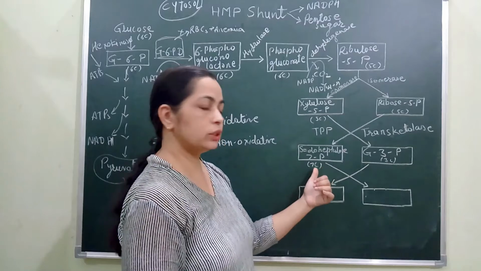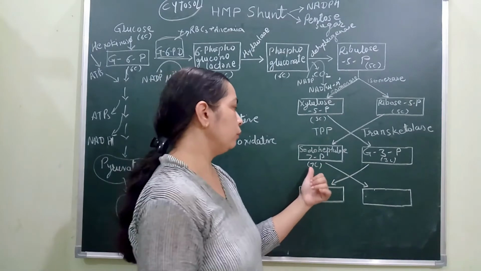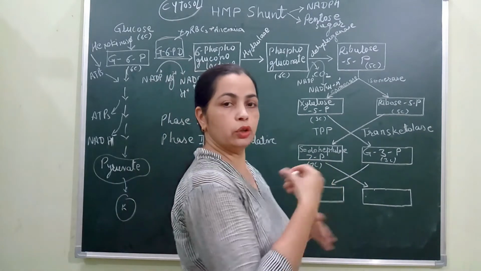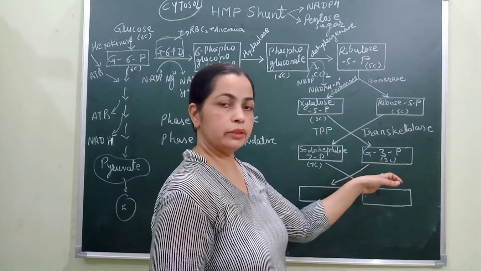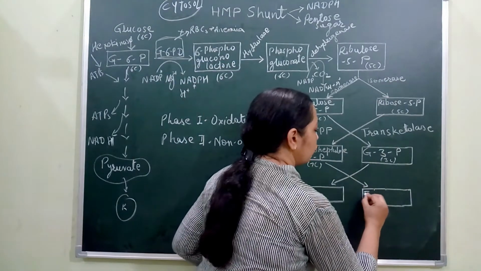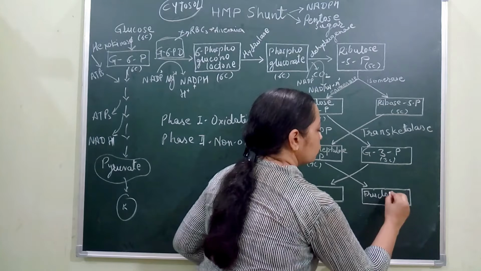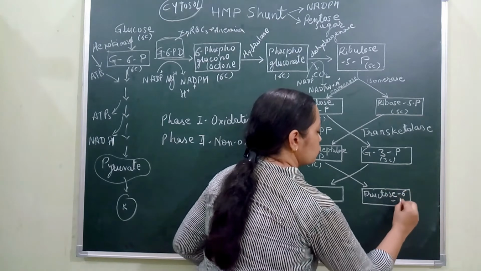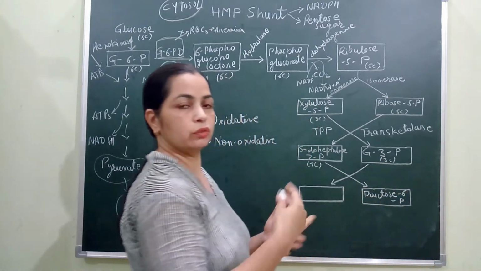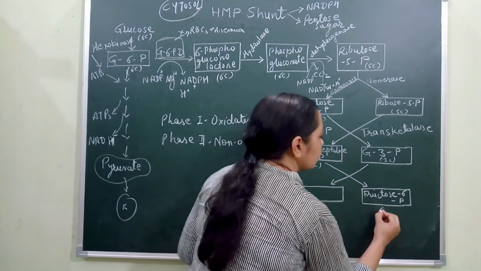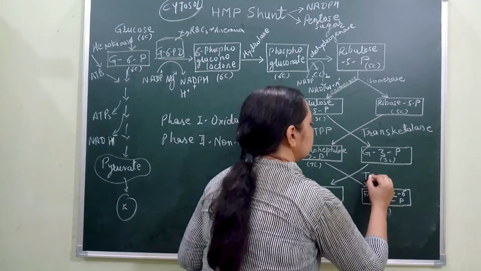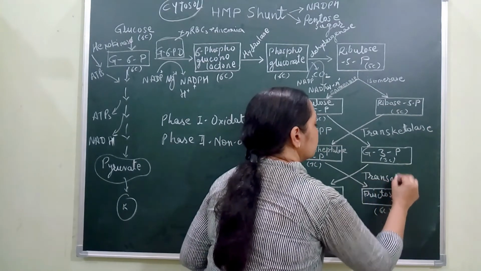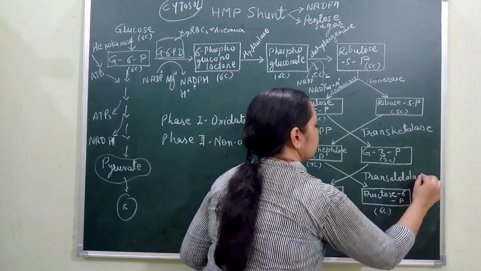This sedoheptulose, which has a 7-carbon structure, is going to give 3 of its carbon to glyceraldehyde 3-phosphate, and it will lead to formation of fructose 6-phosphate, because it has gained 3 carbon, so it will become a 6-carbon moiety. And the enzyme which helps here is transaldolase.